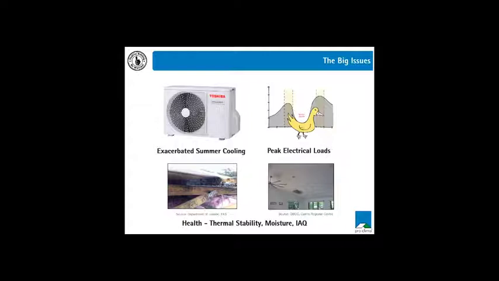So the big issues that are affecting residential energy efficiency are exacerbated summer cooling. So using too much cooling in the summer, more than we expect according to the calculations. Peak electrical loads, so we accidentally create these afternoon peak spikes when everyone turns on the air conditioners to cool down their buildings. And we've got the health side with thermal stability, making sure that we actually keep our buildings within a healthy, comfortable range.